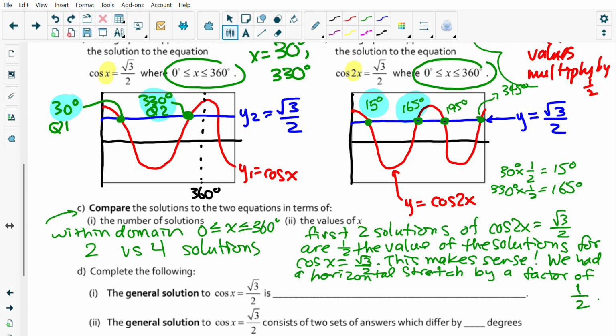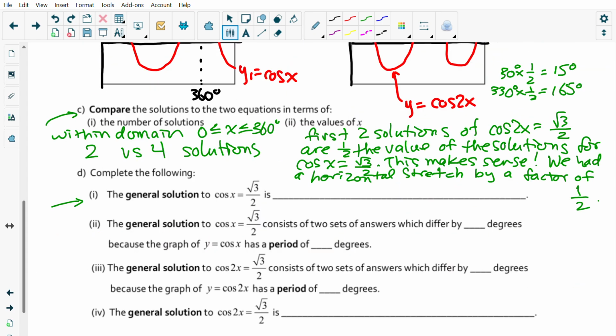The general solution to cosine, so we're on letter D here, folks. Complete the following. The general solution to cosine of x equals square root of 3 over 2 is, let's see, x equals 30 degrees plus 360 degrees times n, and 330 degrees plus 360 degrees n, where n is an element of all integers.